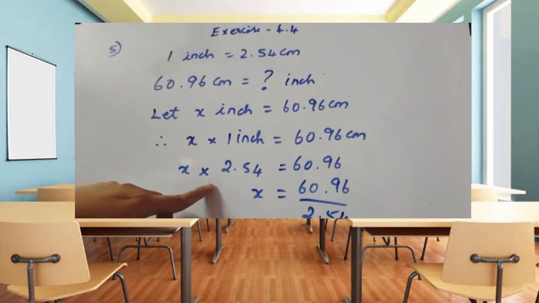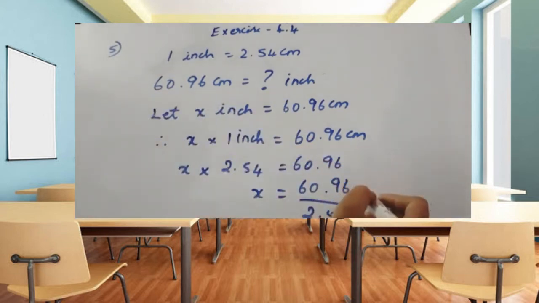2.54 is in multiplication, so when we take 2.54 to the other side, it converts into division. Now since the denominator is in decimals, we need to multiply by 100. We take the decimal first, multiplying by 100 over 100.